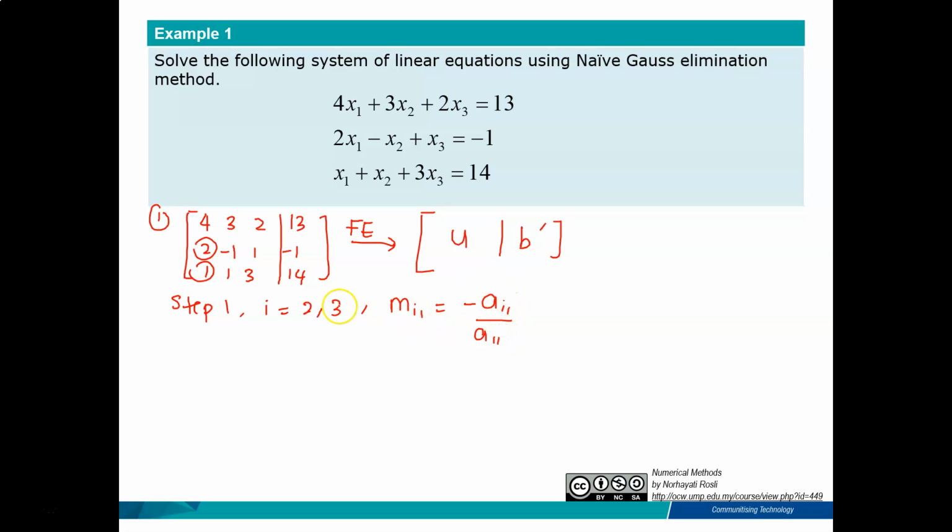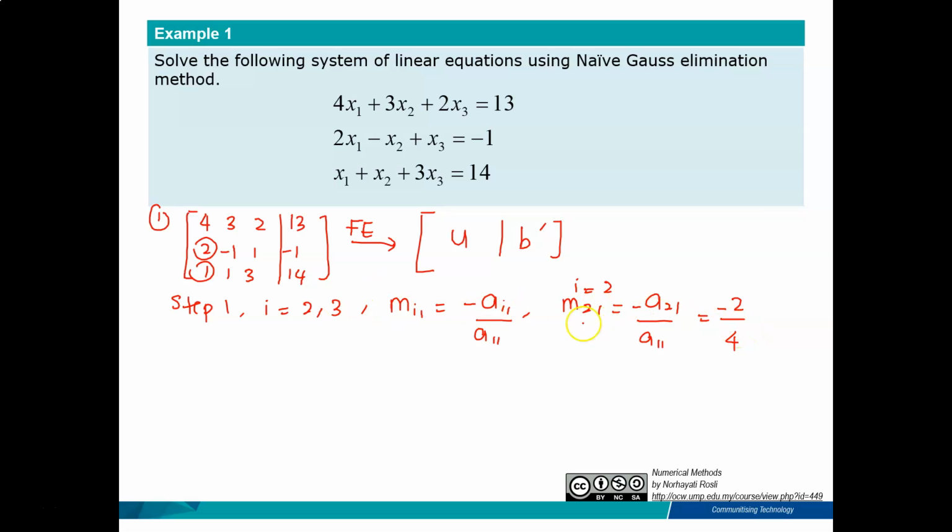So for example, I start with row number 2, I will have m21, for i equal to 2, equal to negative a21 divided by a11. Here our a21 is 2, so negative 2, and a11 is 4. So we have here negative 2 over 4.